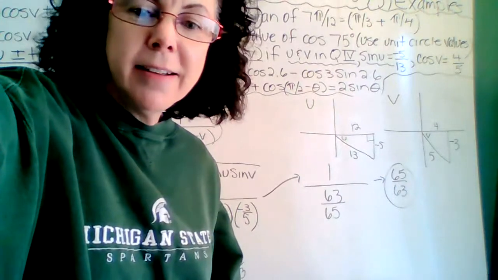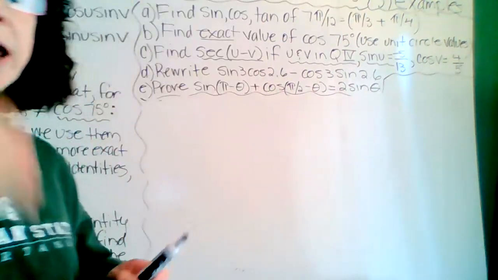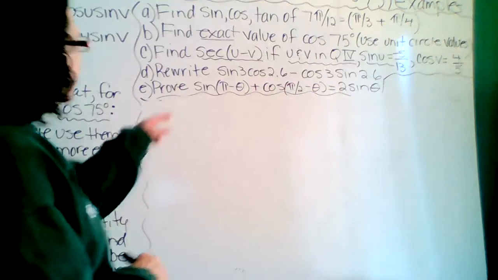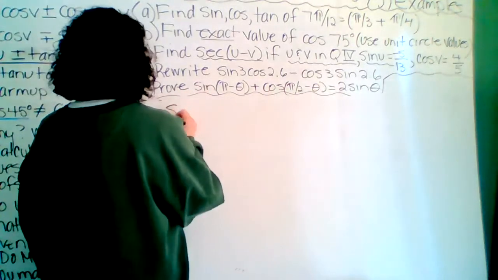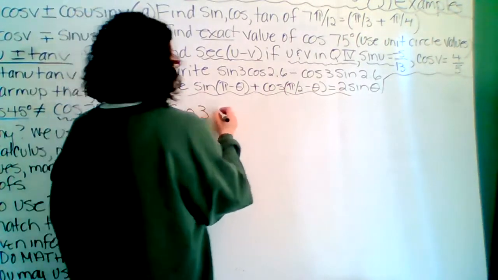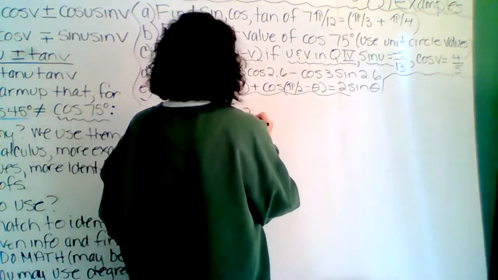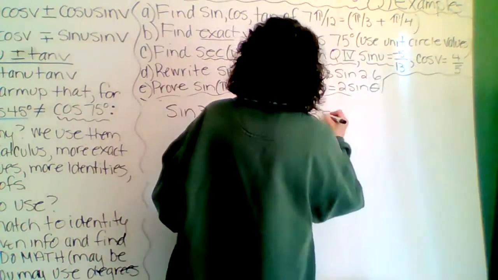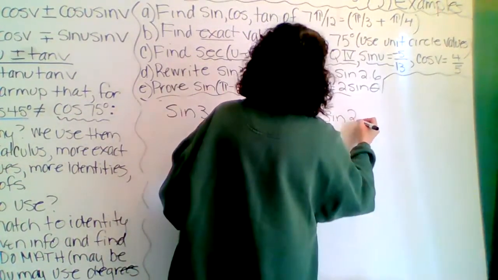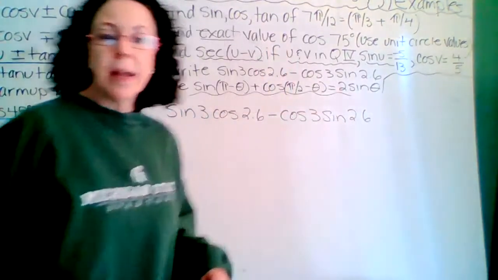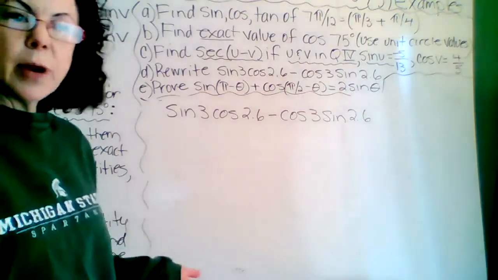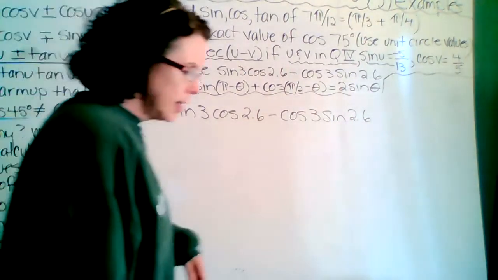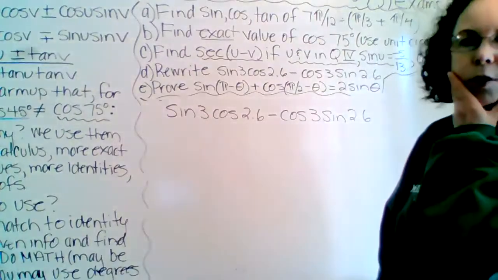Let's do D. On problem D, they want us to rewrite sine of 3 cosine of 2.6 minus cosine of 3 sine of 2.6. So just like my other problems, I need to identify the sum or difference formula that we have going on.